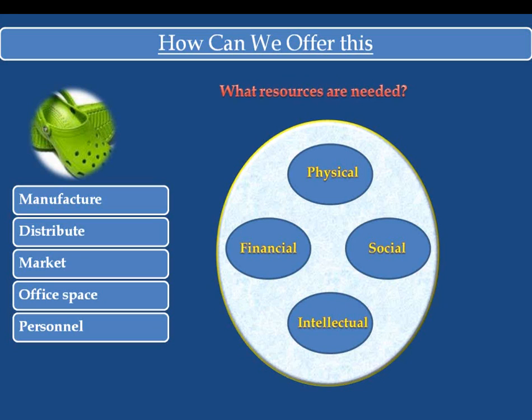And social resources are the relationship between the company and their target market. Is it a one-on-one relationship? In other words, every time you buy a Croc, do you have a specific sales rep? These are the four resource categories that every agency survives on.